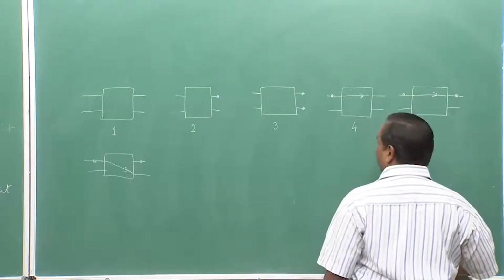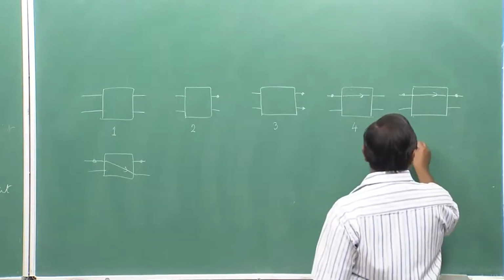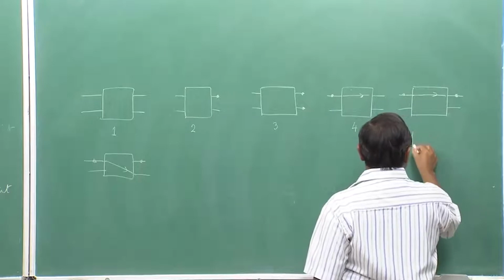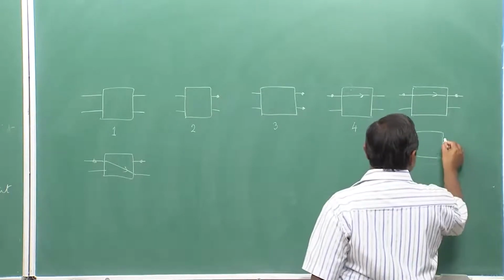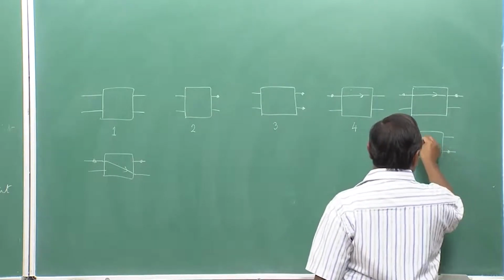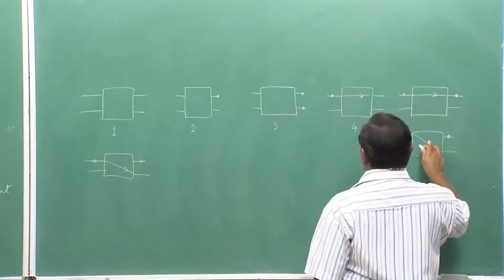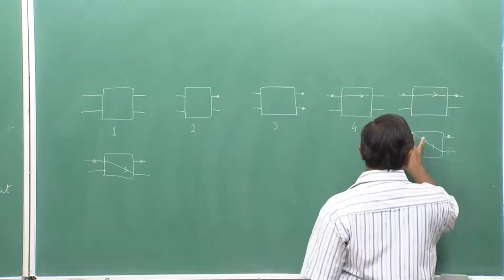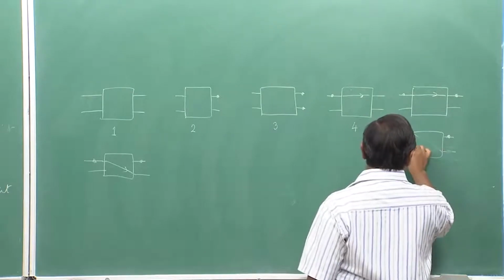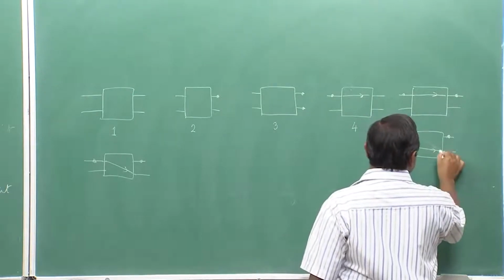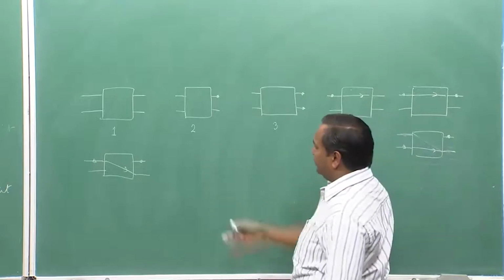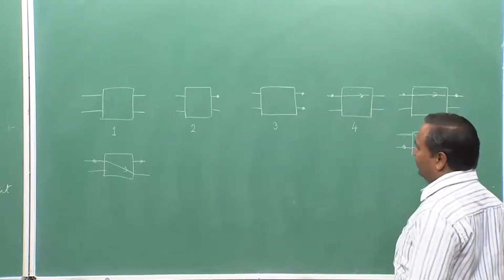Similarly, for example, having a switch here and doing it this way is also the same. This is the other one. Similarly, you can take all possible combinations; this is nothing but the same condition as on the other side, the sixth one.